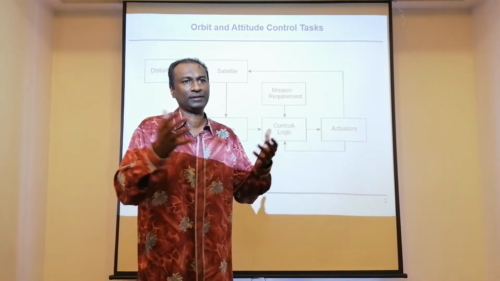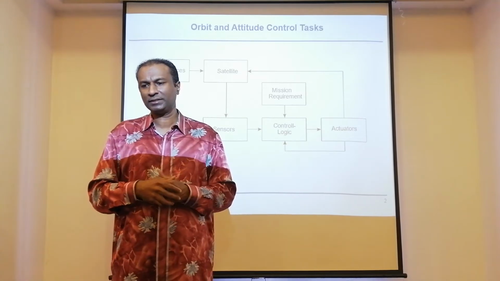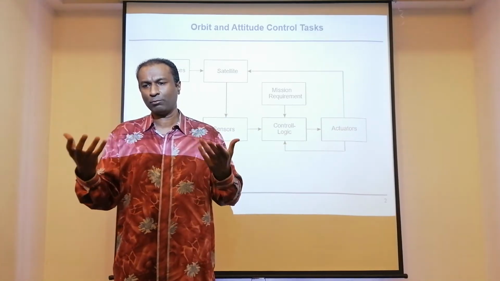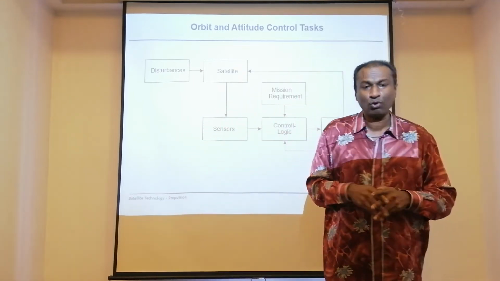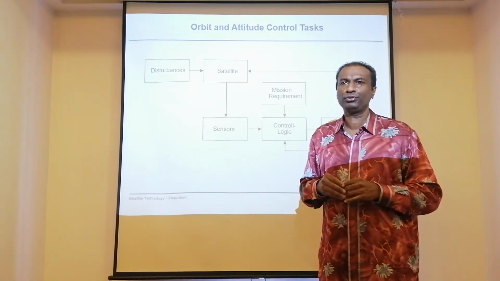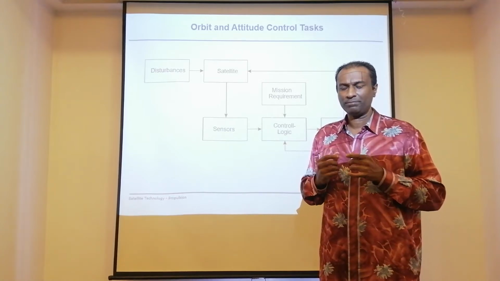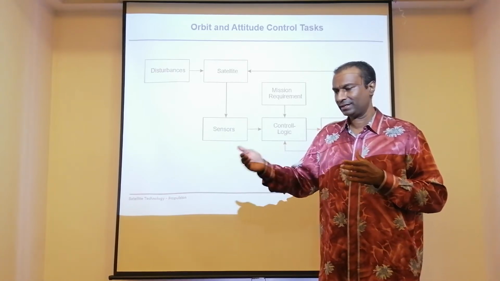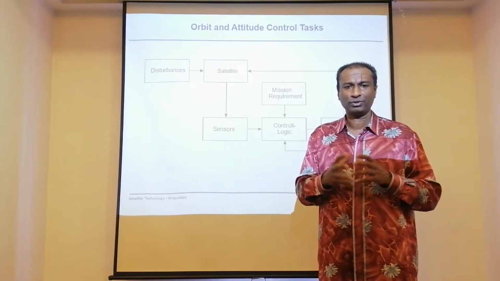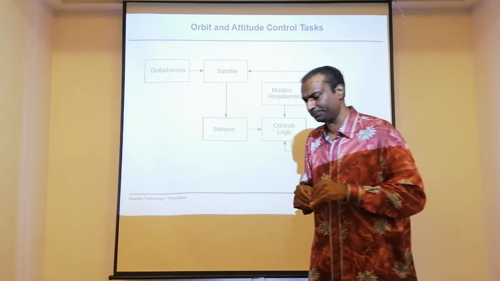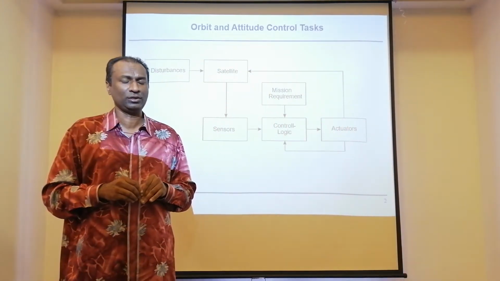So the reaction wheel that we have studied, the momentum wheel that we have been exposed to, all these are going to help us with rotational motion. I will talk a bit more about rotational motion in the upcoming chapter, where I will introduce the devices that you're exposed to.